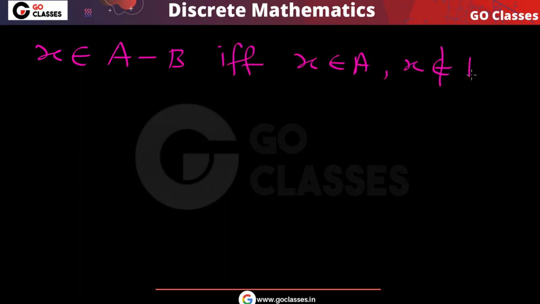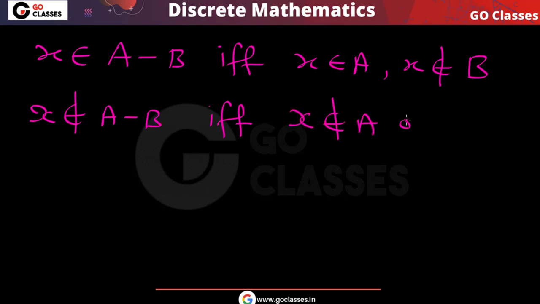x belongs to set A minus B if and only if x belongs to A and x does not belong to B. Also, x does not belong to A minus B if and only if x does not belong to A or x belongs to B. Basically these facts we are using.